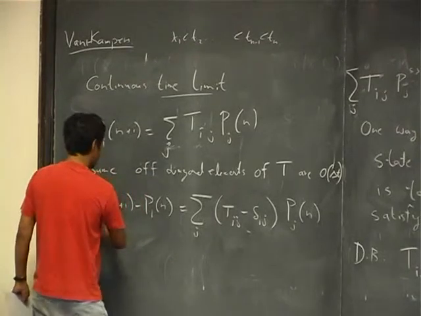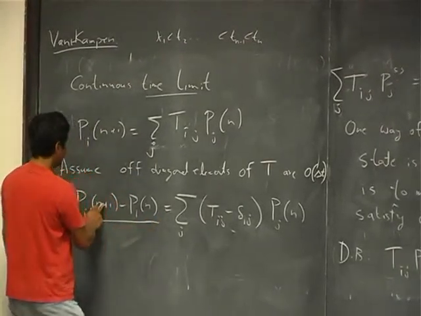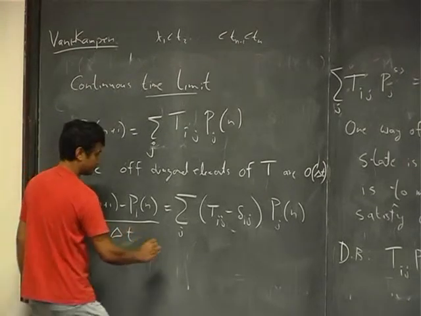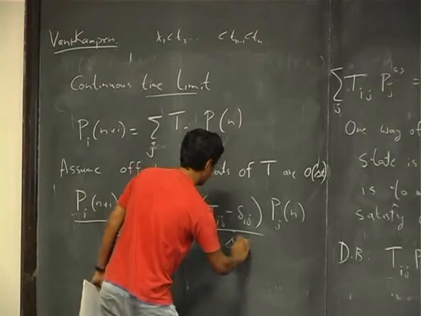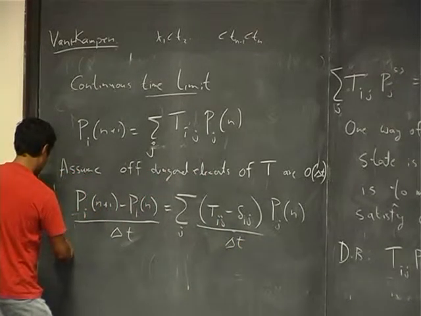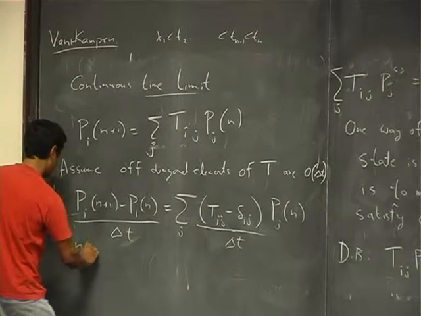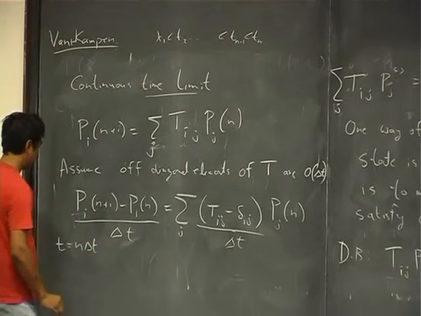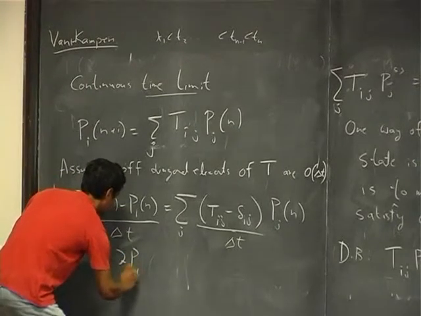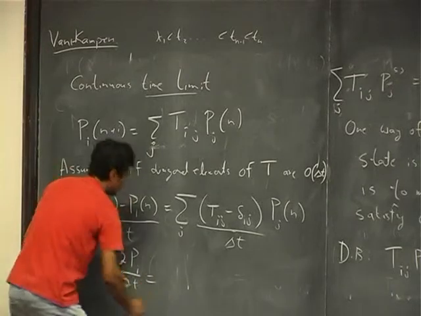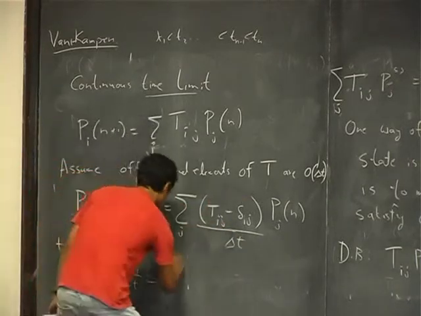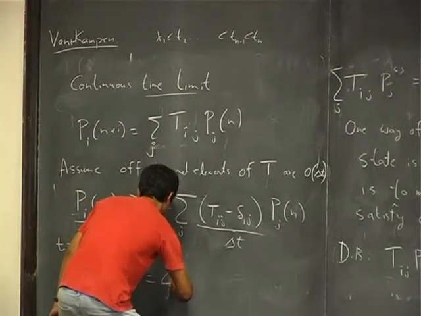And then we divide by delta t. Here we call time equal to n delta t, so that's our time variable. And then this just becomes del pi by del t. And this object that I'll get, I call wij. So this is a summation over j.